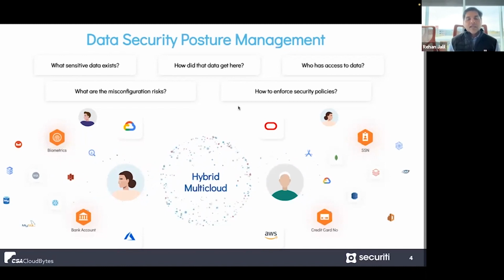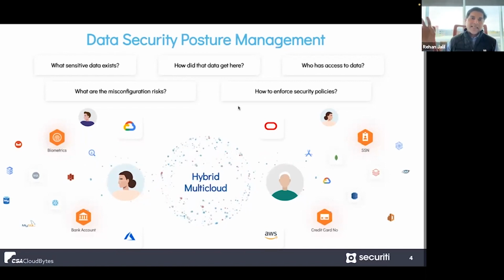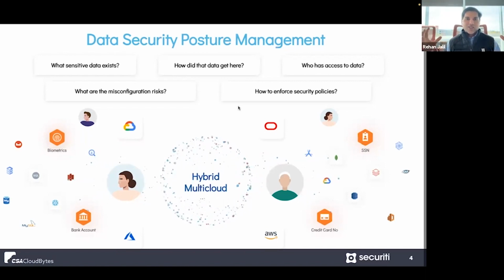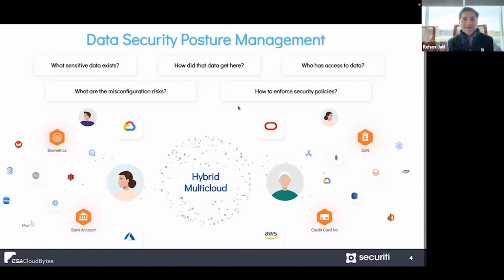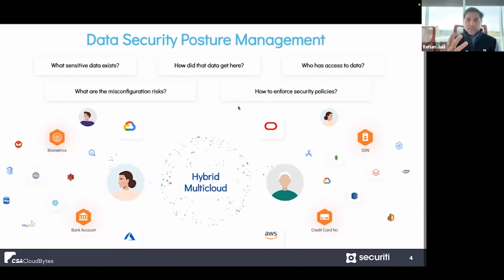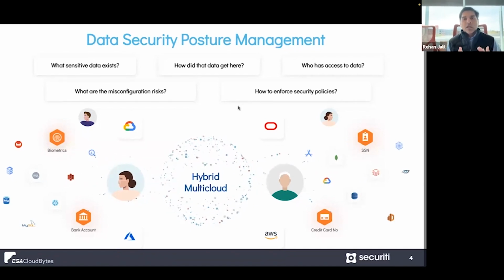Otherwise, you'll have different grammar and different policies everywhere. So going across public cloud, private cloud, SaaS cloud, data cloud, can you actually have it all in one place? Going from data security posture management, which is cloud oriented, to everywhere else, I think is where we have learned from customers like CNA and others that you need consistency everywhere.